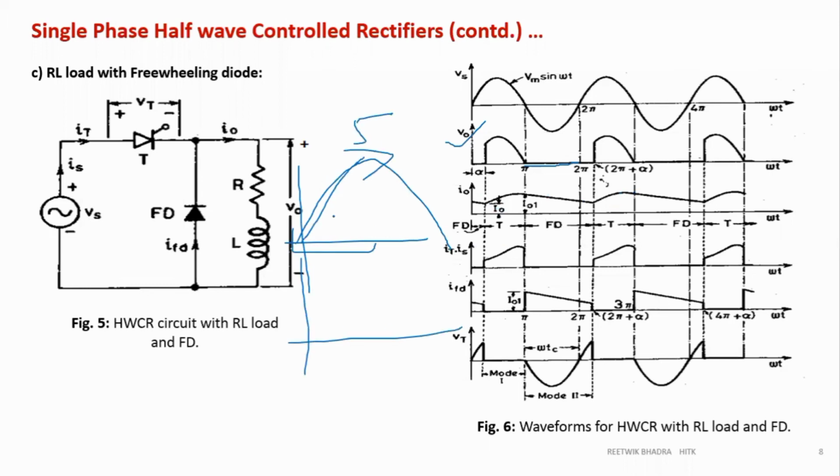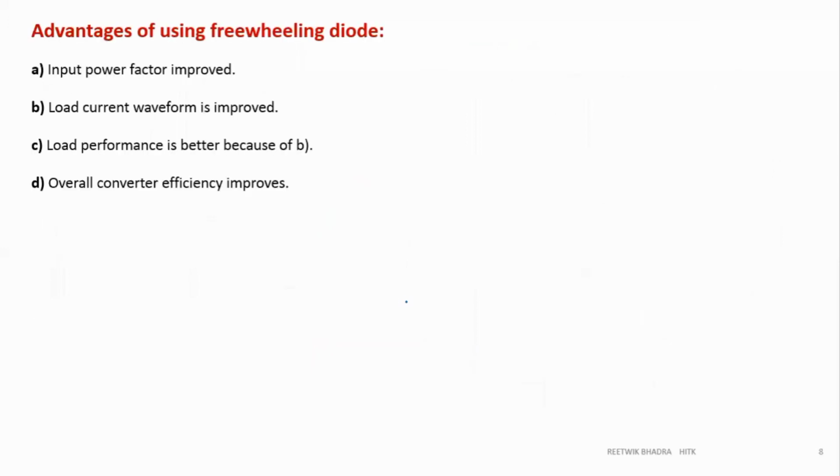If I take continuous, the fluctuation is suppose 4 to 5 ampere. So it almost reaches a steady state waveform. That is very important. So load performance will be better, because a constant current will always flow. It will deliver a more or less constant power at the output.